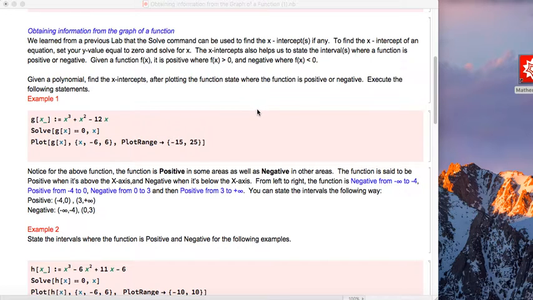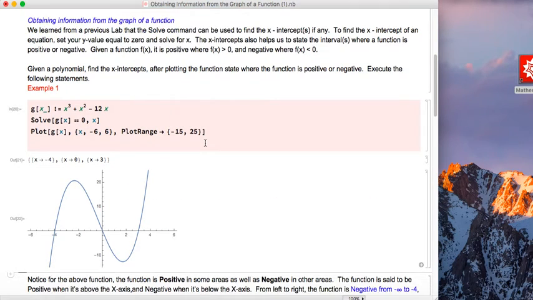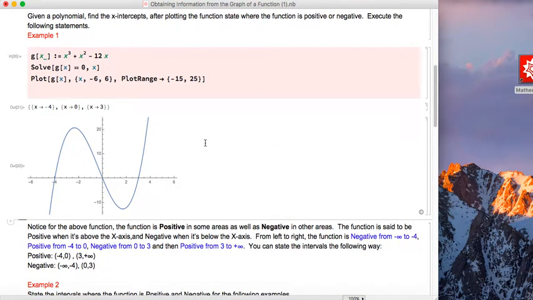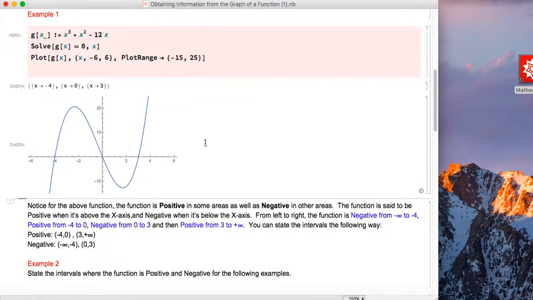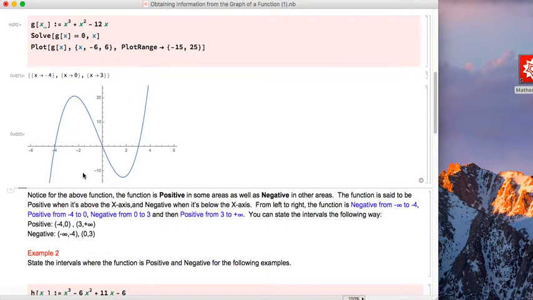Here, given a polynomial, find the x-intercepts, and after plotting the function, state where the function is positive or negative. Okay, so here, execute the graph. For the function g(x), notice that the function is positive in some areas as well as negative in other areas.